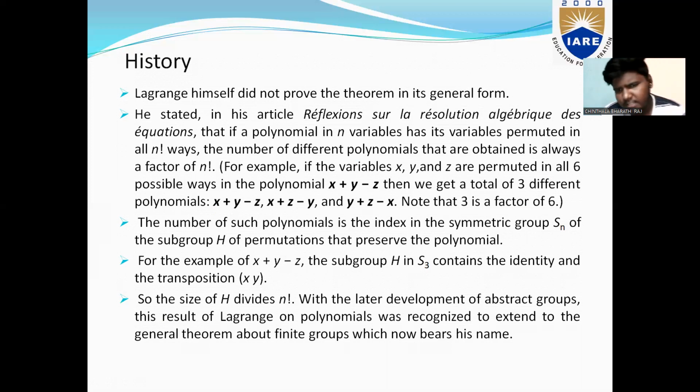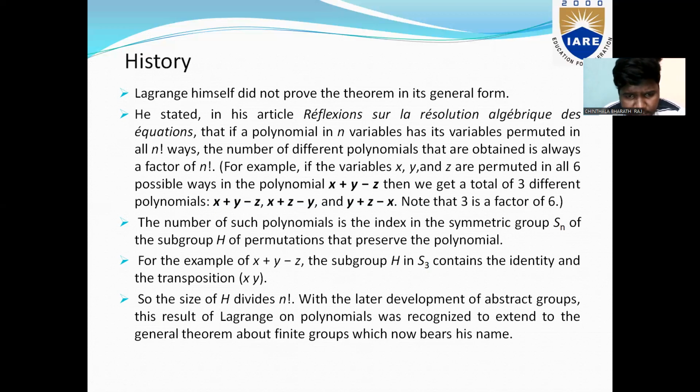Note that 3 is a factor of 6. The number of such polynomials is the index in the symmetric group Sn of the subgroup H of permutations that preserve the polynomial. For example, for x plus y minus z, the subgroup H in S3 contains the identity and the transposition.